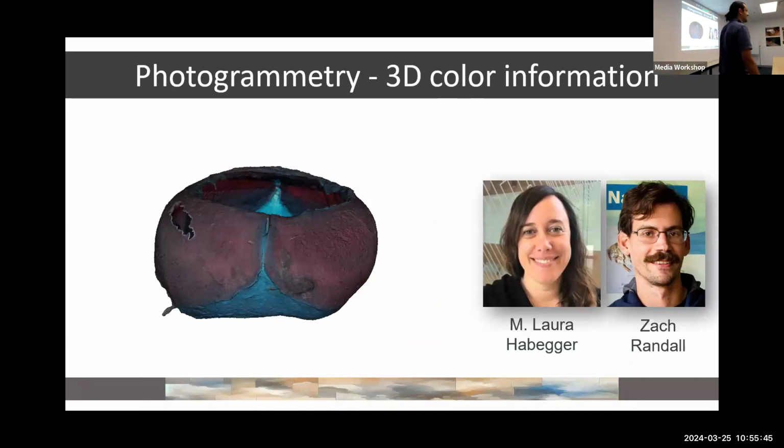But even then, I was surprised when a few weeks back, Zach and Laura arrived in my office and asked me a simple question. They said, look, we have this photogrammetry model of a sclera ossicle from a mahi mahi, and they wanted to do a simple quantification. They wanted to know what percentage of the area was bone and what percentage was cartilage.